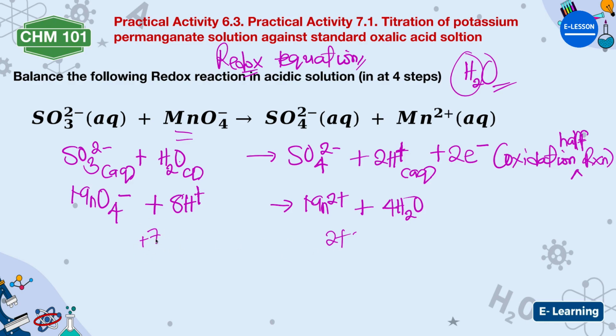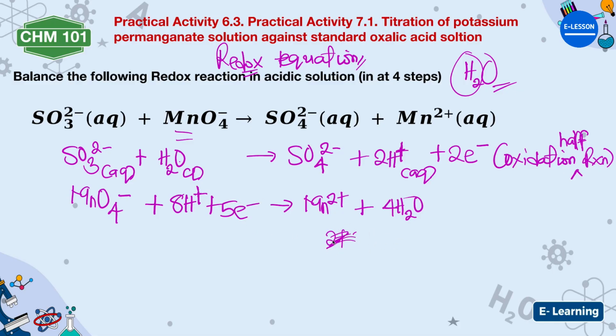And how many electrons do we need to add here? Now, electrons are negatively charged. So we need to add 5 electrons. Those 5 electrons are negatively charged, so they will cancel 5 positive from here, and then we'll be left with what? 2 positive from here. So my dear student, here will be plus 5 electrons.